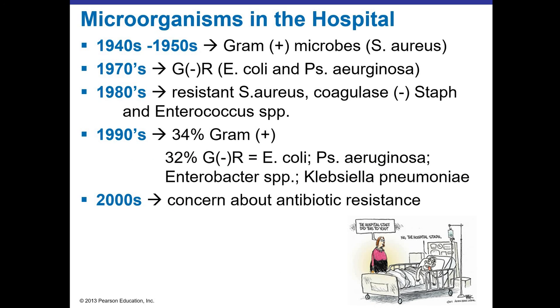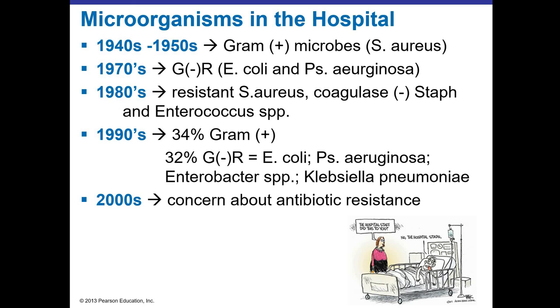What type of microorganisms are in the hospitals? In the 1940s to 50s, most of the problem was gram-positive microbes, like Staph aureus. In the 70s, we started to see problems with the gram-negative rods, E. coli and Pseudomonas aeruginosa.